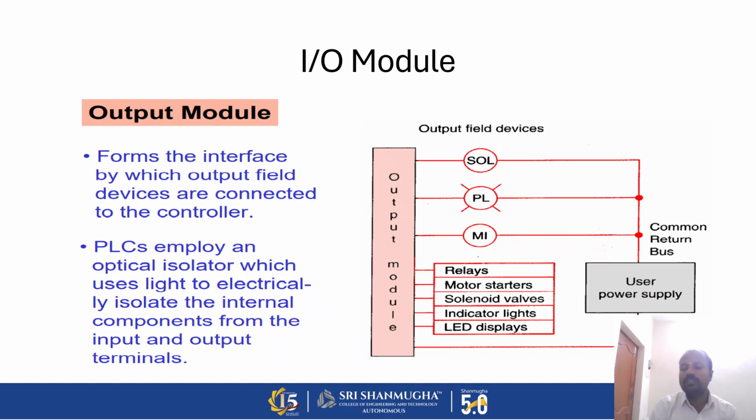The user power supply will be connected on the output side. It forms the interface by which output field devices are connected to the controller. PLCs employ an optical isolator which uses light to electrically isolate the internal components from the input and output terminals.